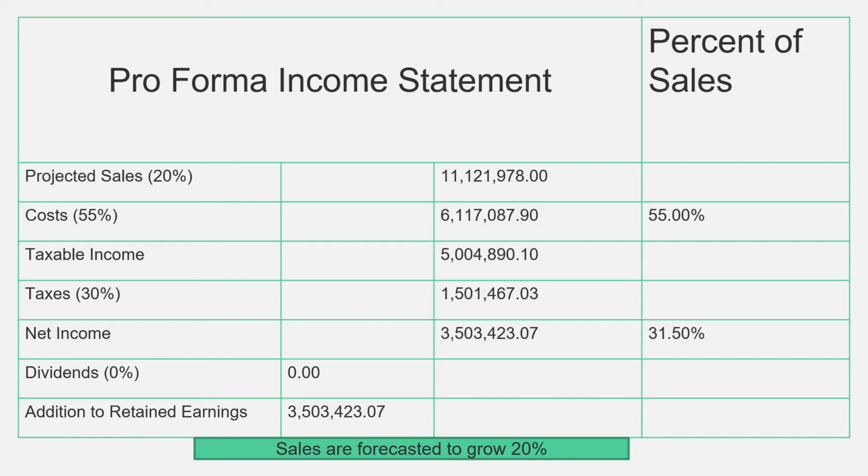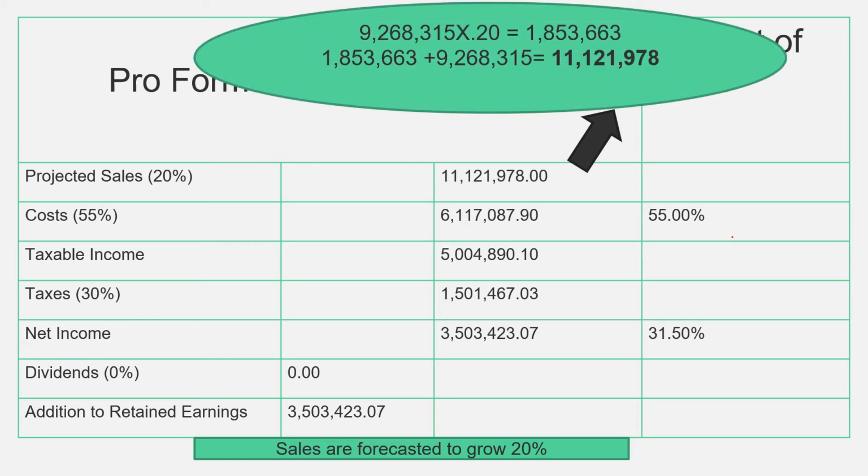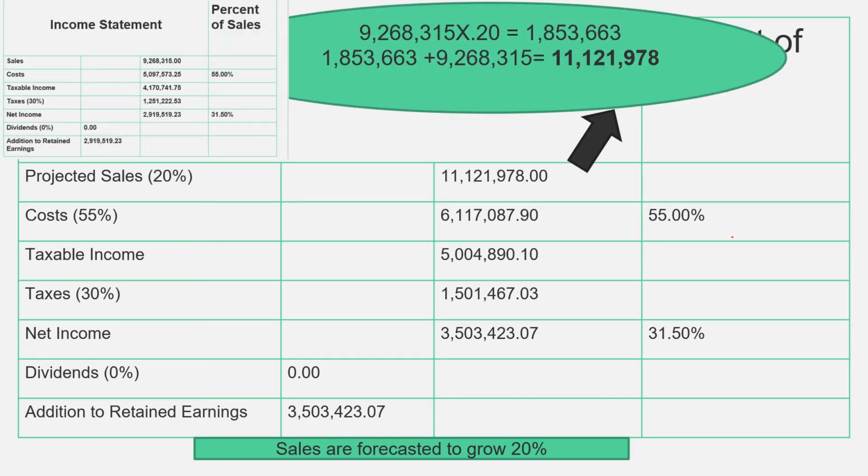But how did we compute for 11,121,978? Let's base on our income statement. That is sales multiplied by 20%, and then you add the sales figure.